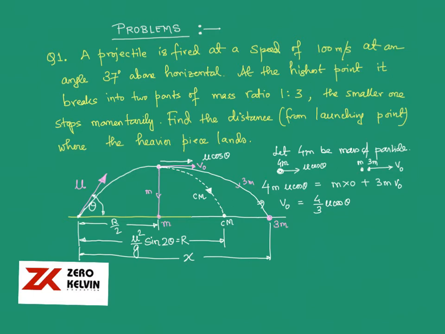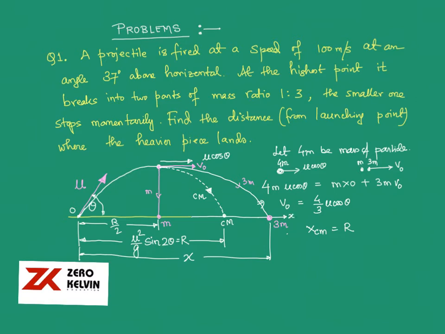So we can apply the formula of center of mass, right? So coordinate of center of mass, so total mass. So what is xcm equal to? So xcm equal to r. Now this is the 0 for us and this is the x coordinate.